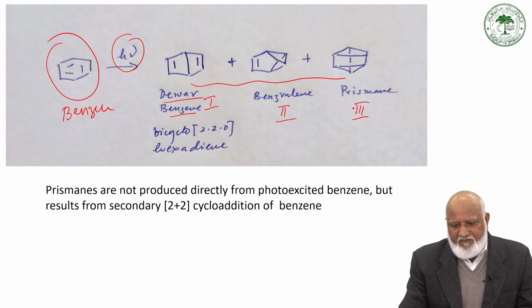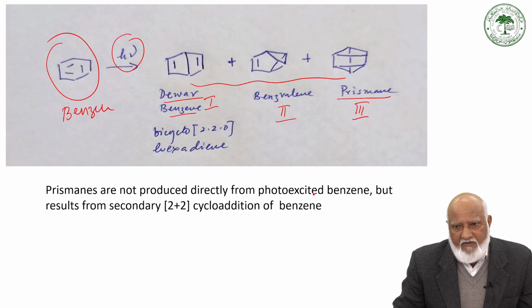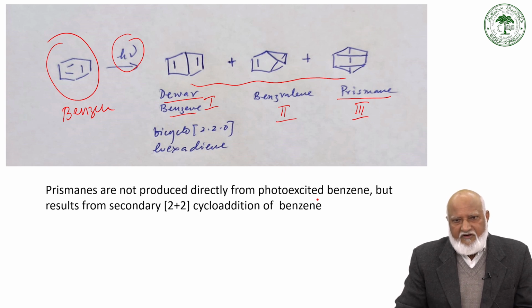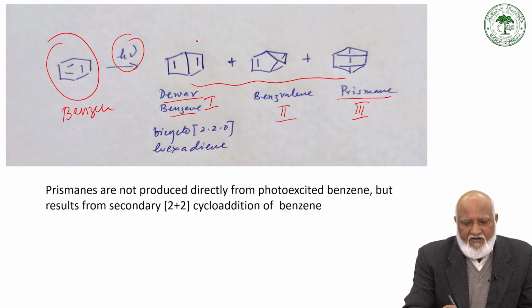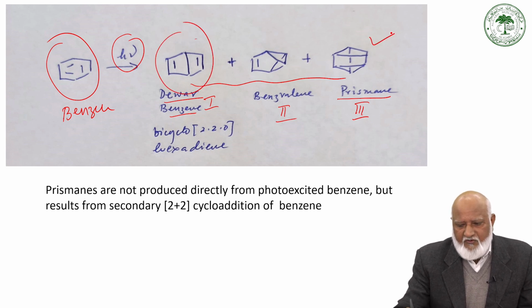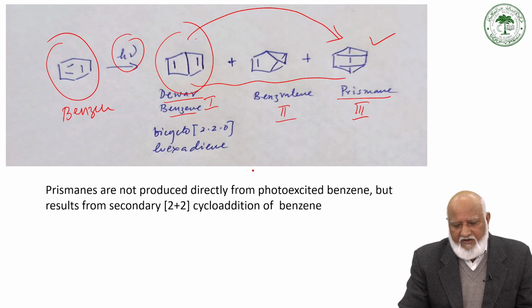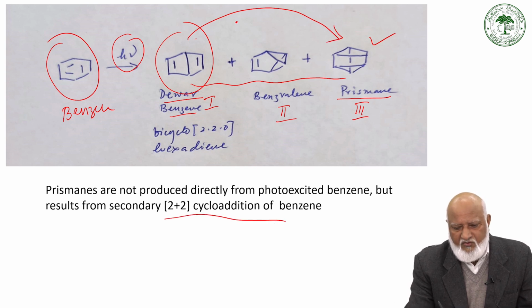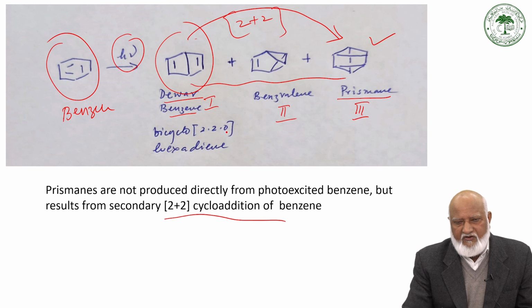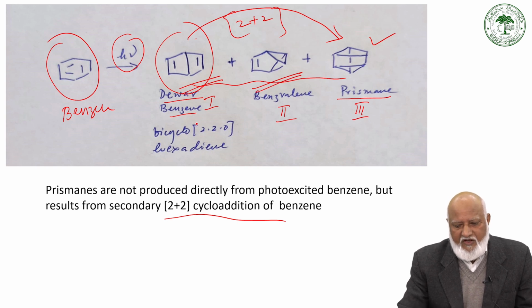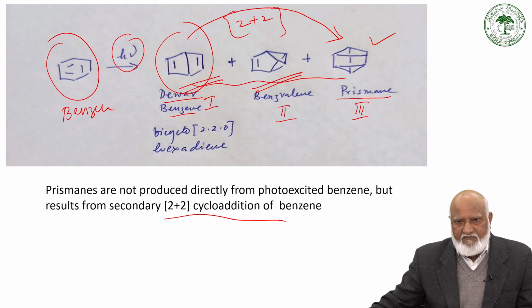It has been found that the valence isomer prismane is not directly originating from benzene, but is a secondary product from Dewar benzene. So this product comes, as mentioned here, from 2 plus 2 cycloaddition of Dewar benzene. So we have two main photoisomers from benzene, Dewar benzene and benzvalene, and prismane originates from the 2 plus 2 cycloaddition of Dewar benzene.